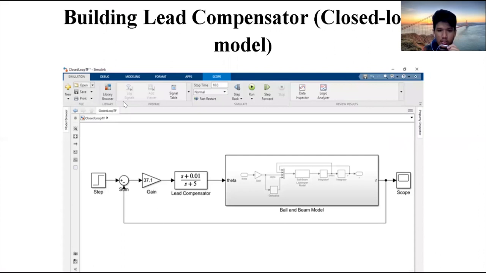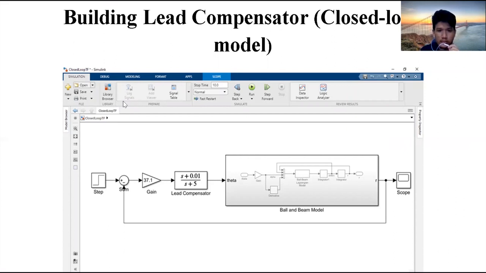Okay, next, the last part is for building the lead compensator, which is the closed loop model. Via open_loop_tf.slx, the line between the ball and beam block is eliminated.